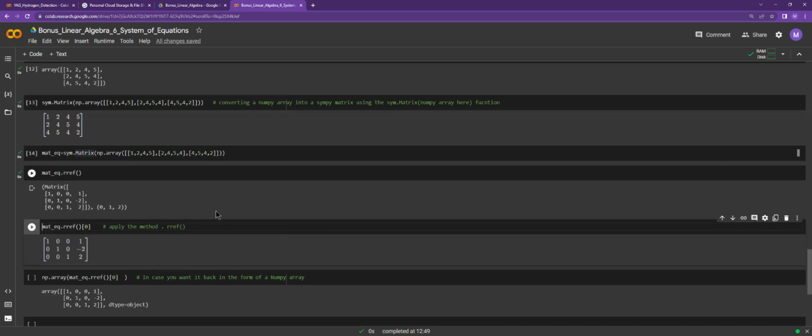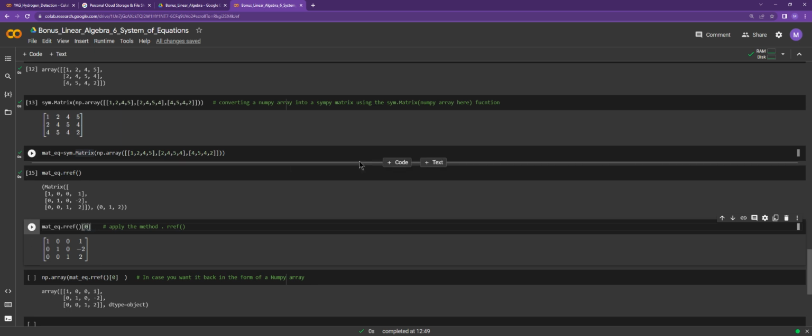If we do it like this, you get other information, like the matrix and so on. But what I want you to do is call just the first element in this output, hence why you would use the 0.